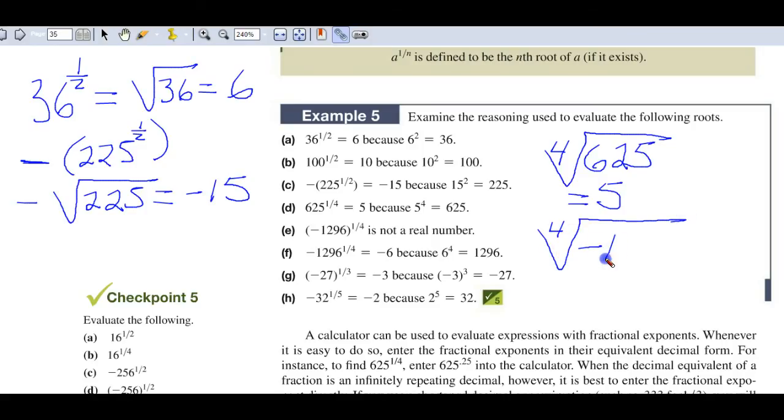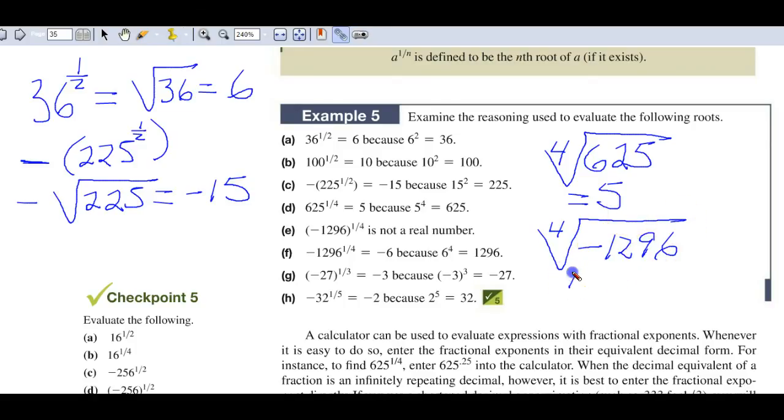Okay, now, an interesting thing, the 4th root of a negative 1296. Anytime your index number is even and you have a negative sign under the radical, that's not possible.